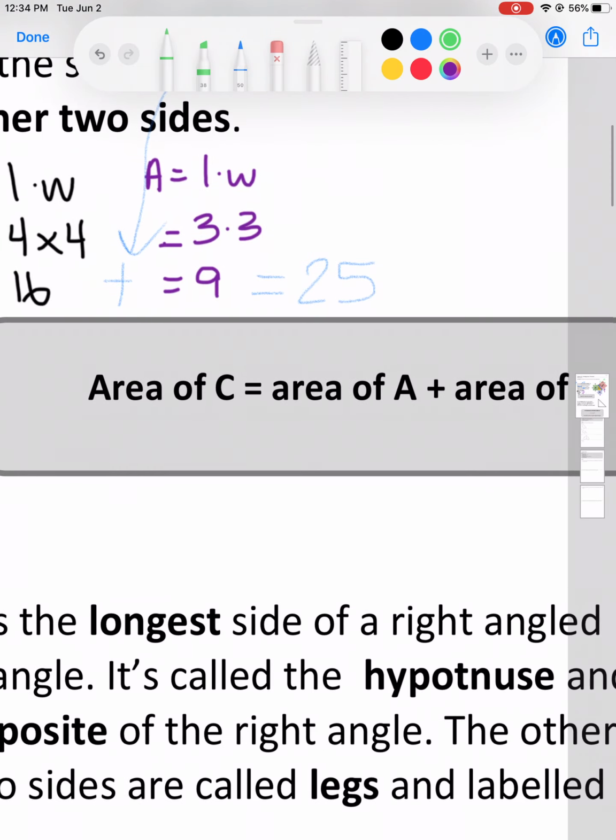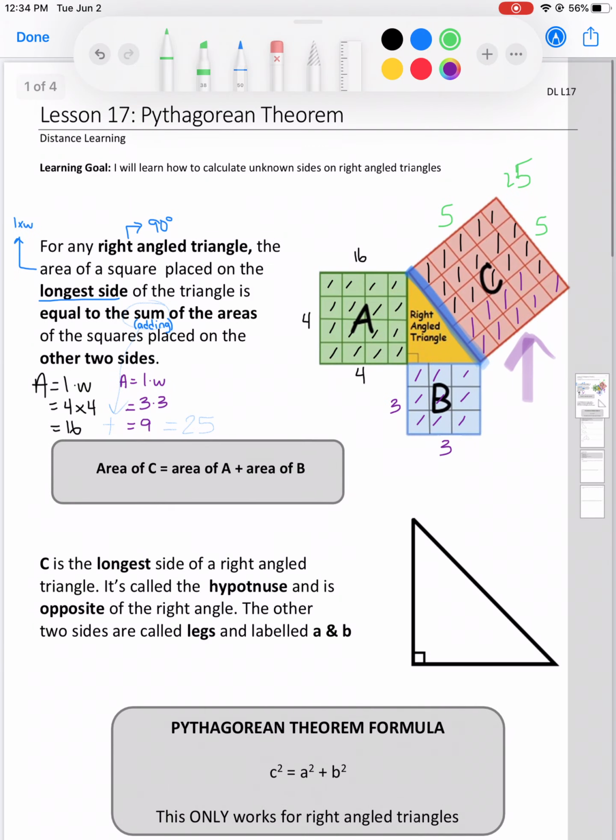The area of C, length times width of C, is equal to the area of A plus the area of B. This is just proving it, because some of you would be wondering why that is the case. So that was just a little review.